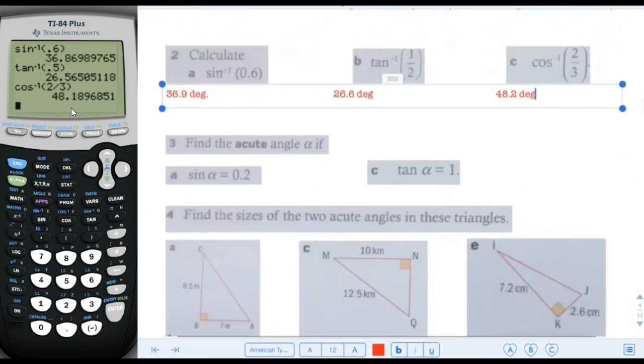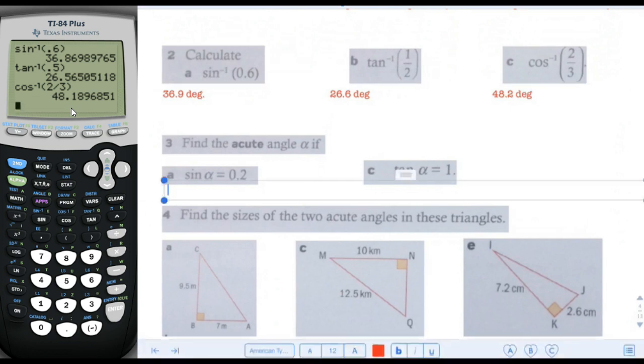Find the acute angle alpha if the sine of alpha is 0.2. Let's see. Basically what they're asking is, and I'm going to have to use a pen for this, unfortunately, sine of alpha equals 0.2. We don't know what alpha is, so we need to take the inverse sine of both sides.